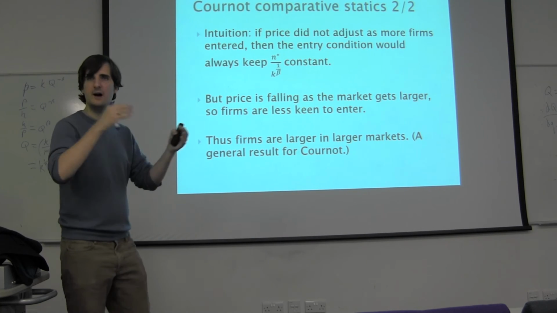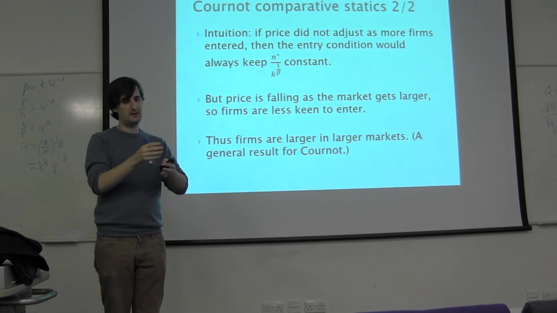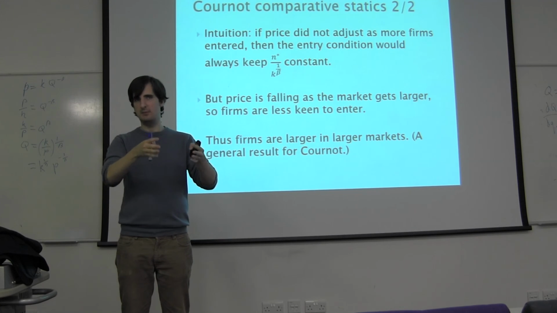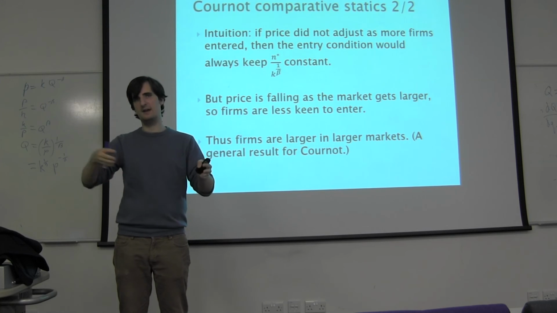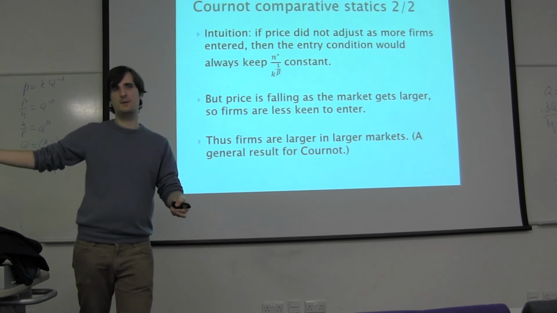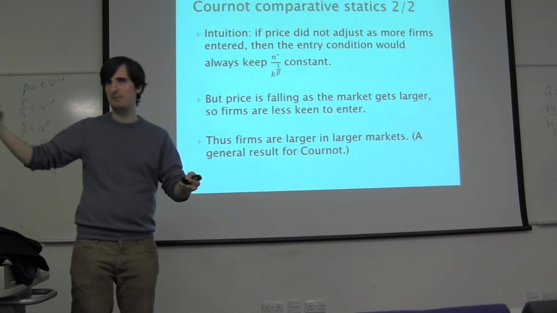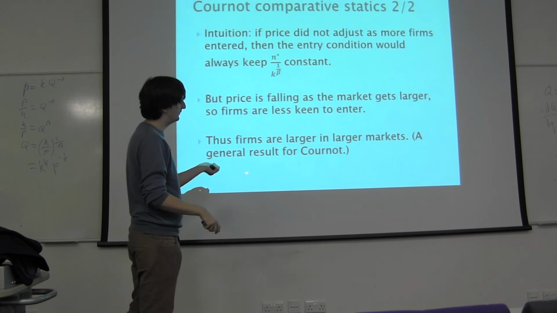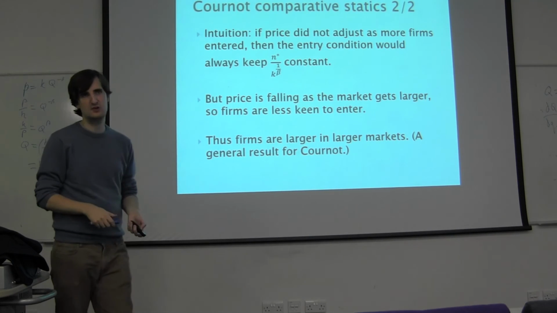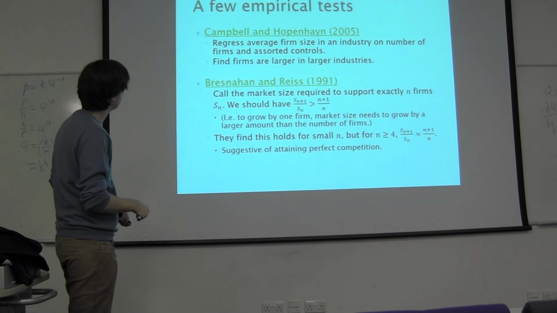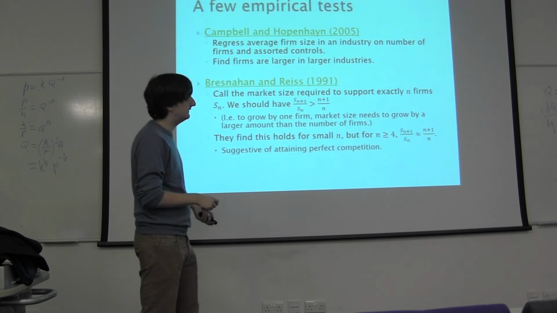Does that make sense? Think about a gradually growing market. There's one firm in, the second firm enters quite happily, but then the price is a bit lower. So it's harder to persuade the third firm to enter. You need an even bigger market. And then the price is even lower, so to persuade a fourth firm to enter, you need an even bigger market. So firms are going to be larger in these larger markets. And this is a general property of Cournot. It's not specific to isoelastic demand. This is something that's been tested quite a bit.